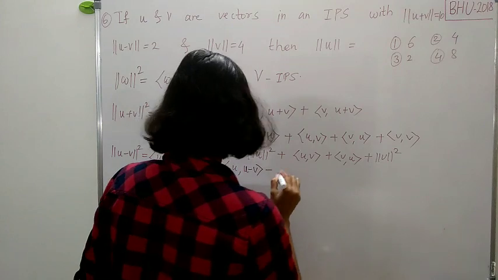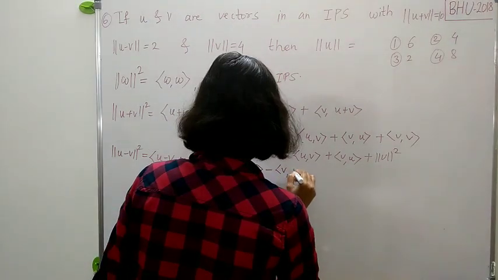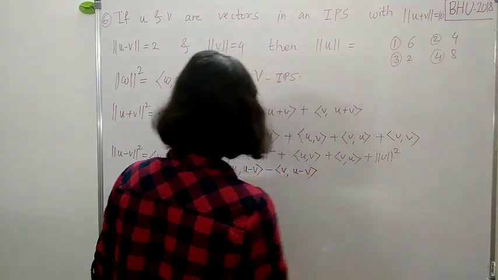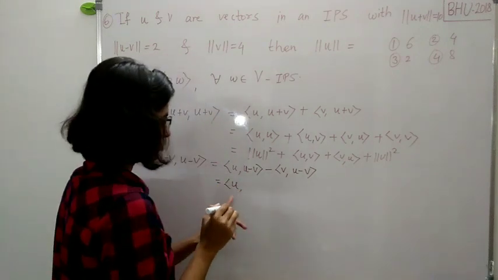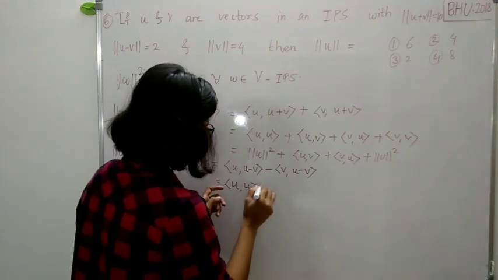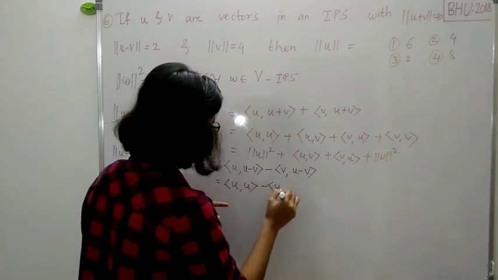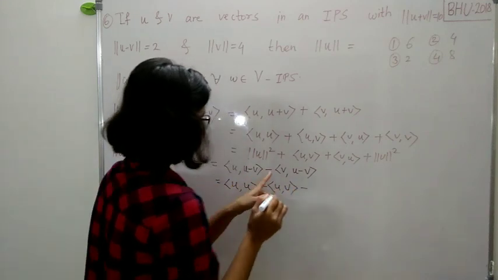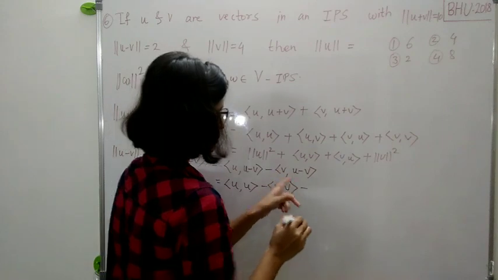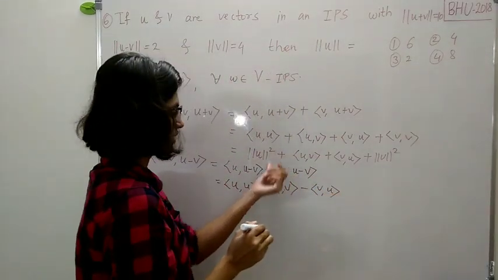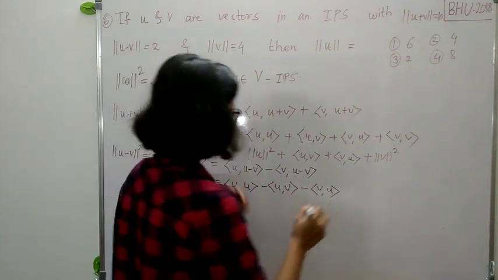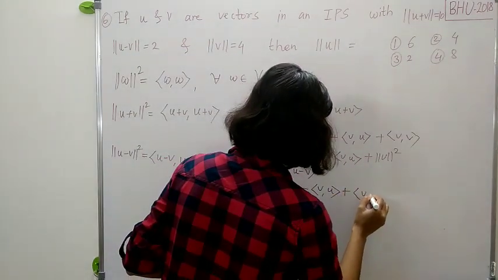This is the same as the inner product of u with u minus the inner product of u with v minus the inner product of v with u, and the last, this minus and this minus becomes plus, and this is just the inner product of v with v, right?